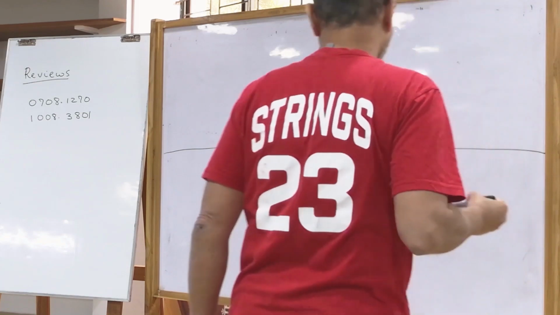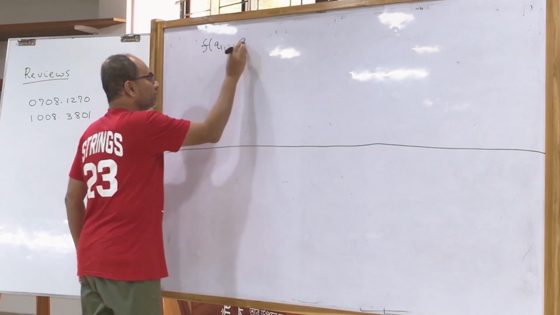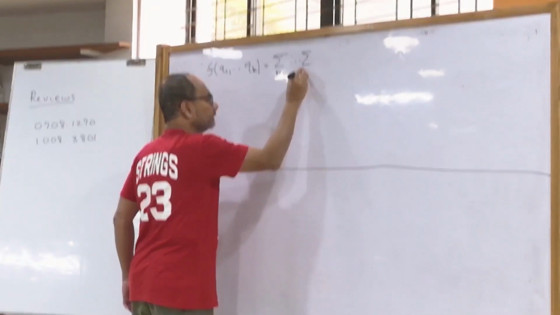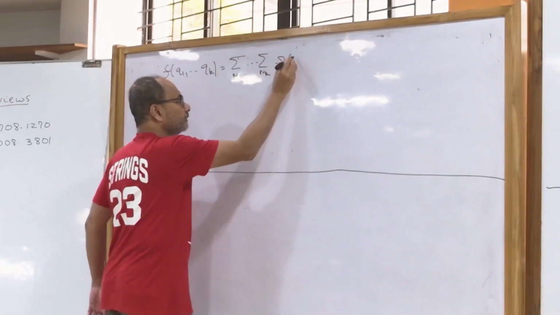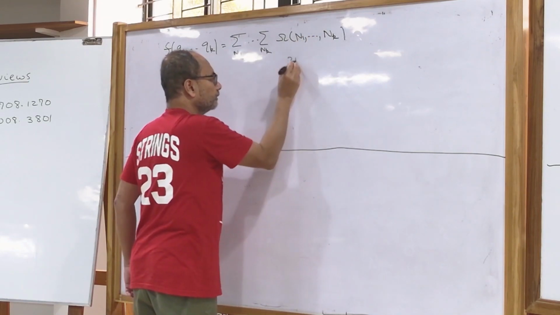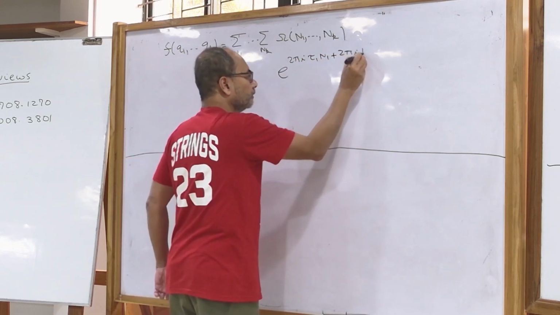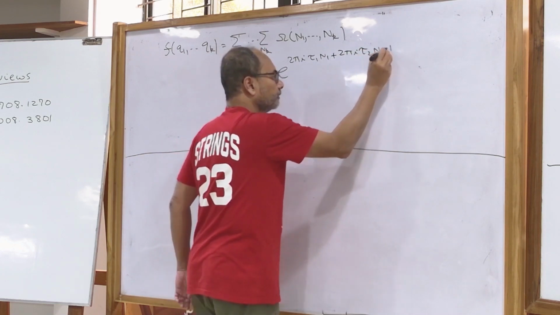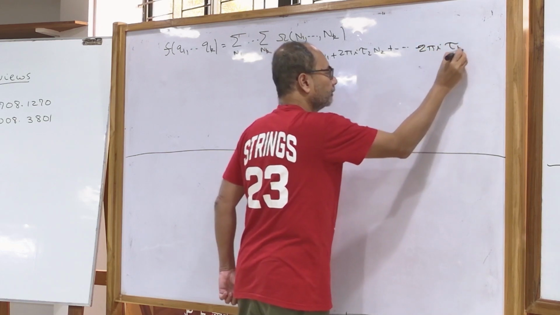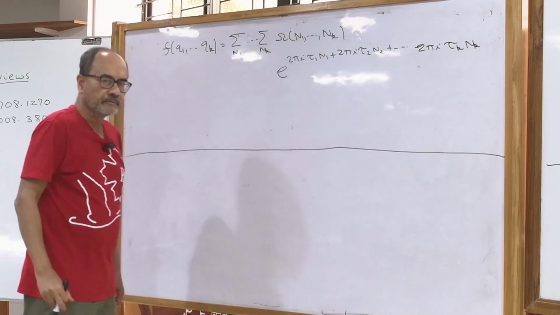So you can write that expansion as f of q1 through qk.